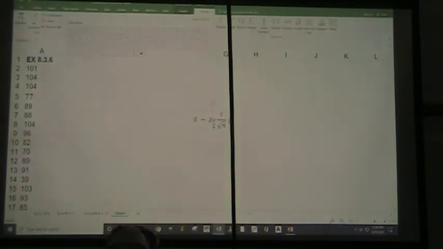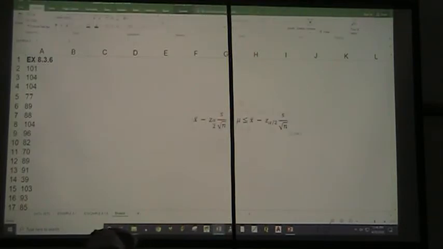Less than or equal, and go to the other side, and again we say less than or equal, and then I put in what I copied before and just change the minus symbol to plus. Okay, there you go.